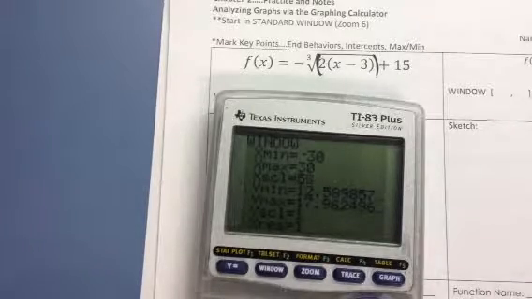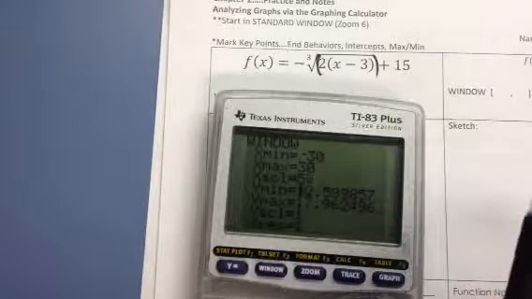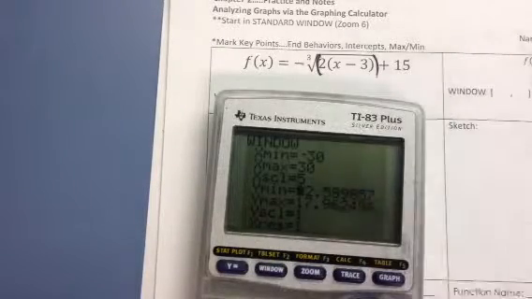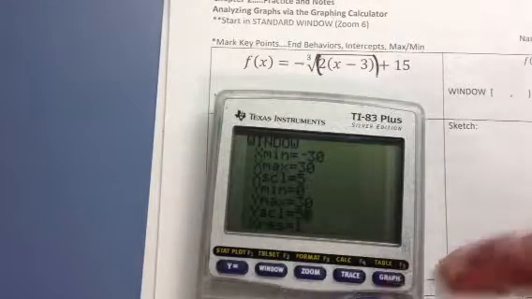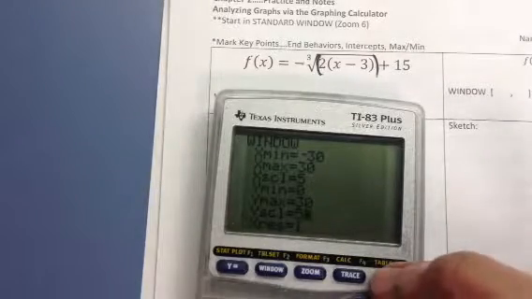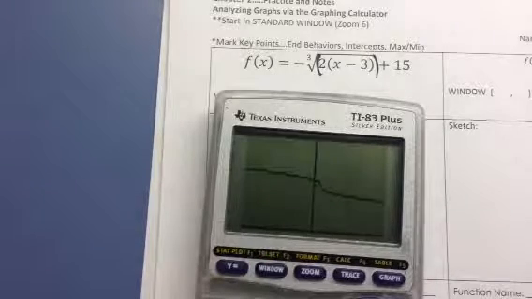For y, let's just start at 0 and go up to 30 and have this go up by 5s. I just want a good idea of this shape. This is a cube root shape, and that looks pretty good.